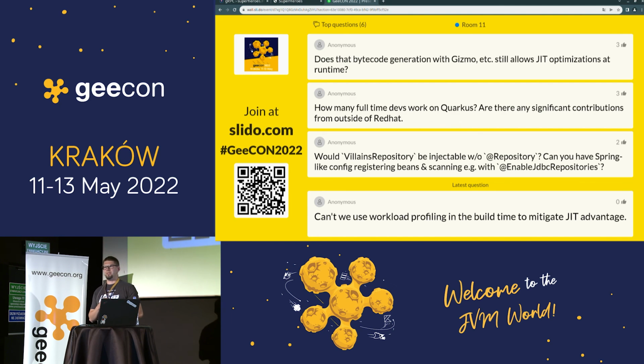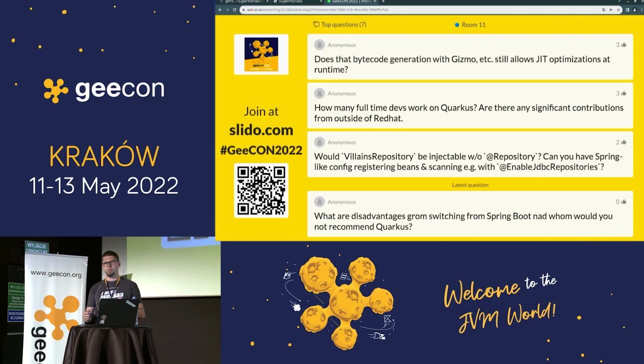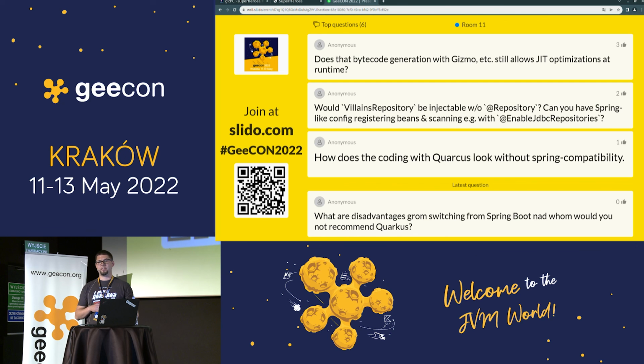Our core team would be between 10 and 20, but there are teams working on extensions that work with their libraries, for example for Hibernate, etc. Are there any significant contributors from outside Red Hat? Yes. There are even people with privileges to merge pull requests that are not from Red Hat. Red Hat is really open when it comes to open source, to managing projects like that.